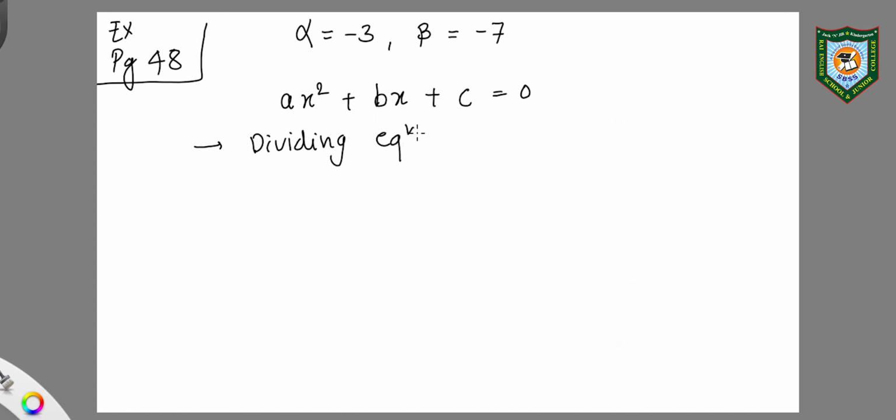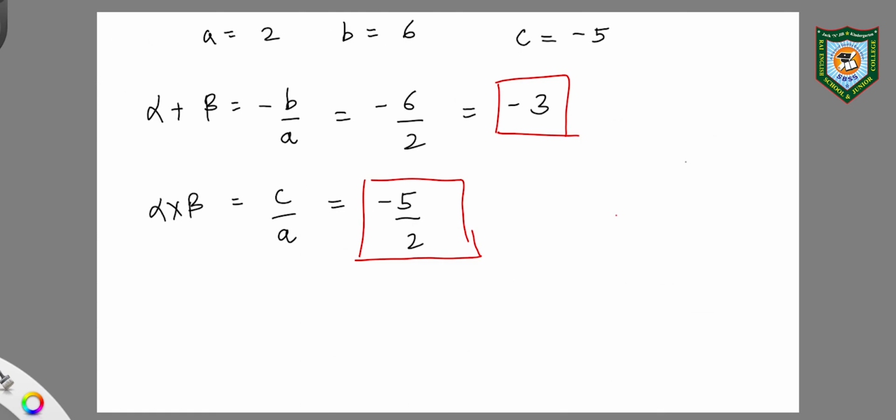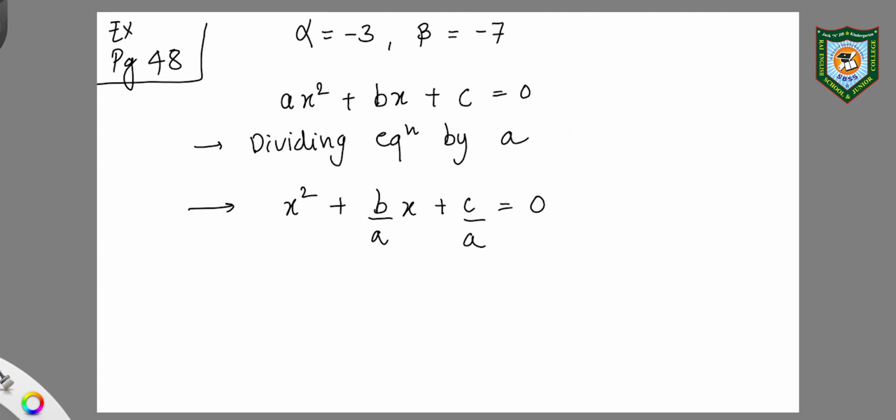Dividing the equation by a gives me x square plus b by a x plus c by a is equal to 0. Now pay attention here. We know that alpha plus beta is equal to minus b by a, but I already have a b by a here.